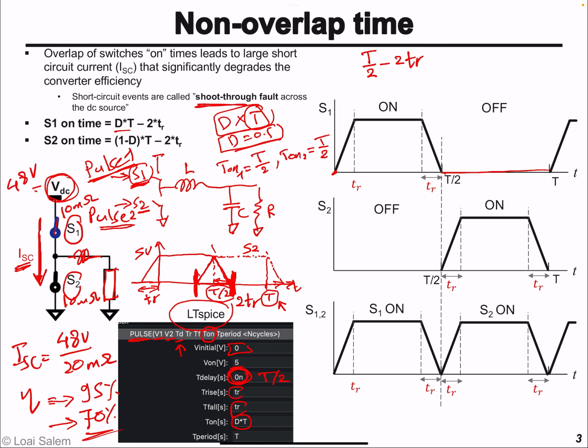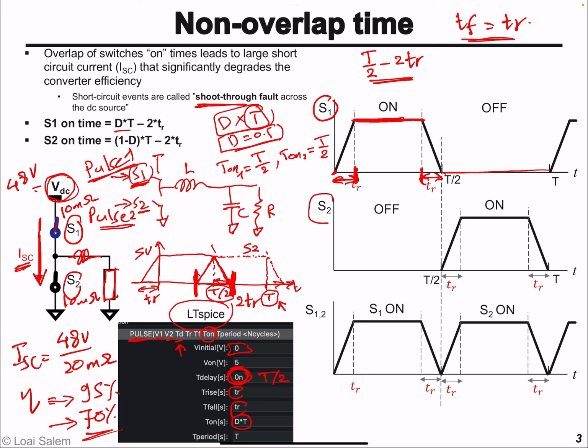So the on time for S1, the clock driving S1, is going to be T/2 minus 2 times the rise and fall time, essentially. In this case, I'm assuming the fall time is basically equal to the rise time, and so essentially we subtract from T/2 2 times the TR.